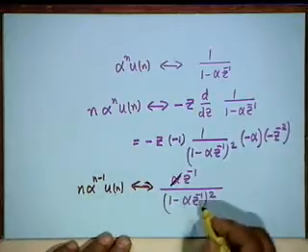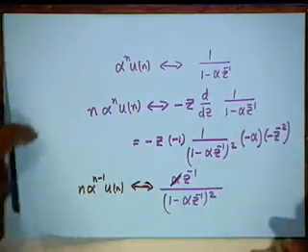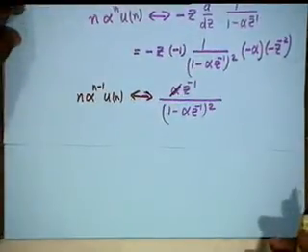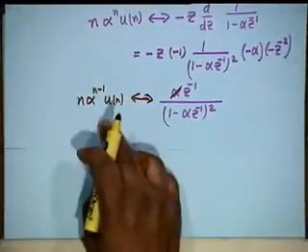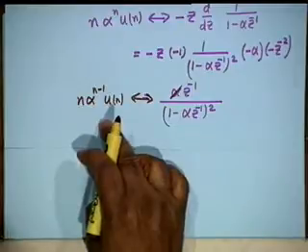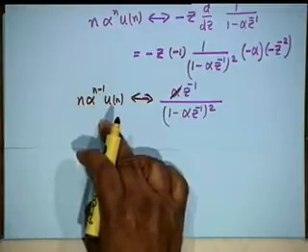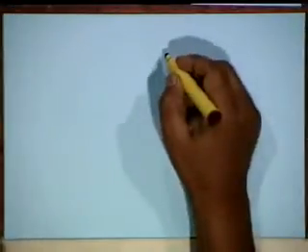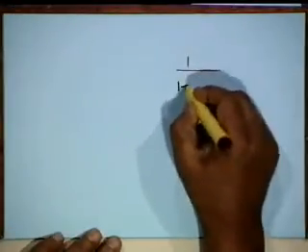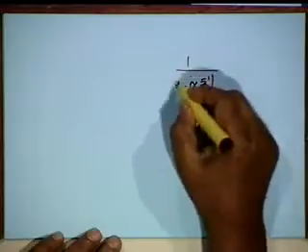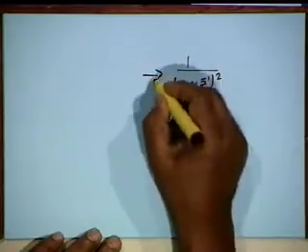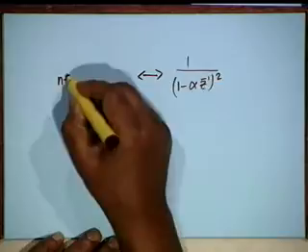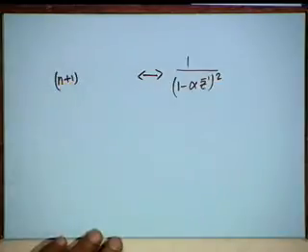Then if Z inverse has to go, the sequence here should be advanced by one sample, and therefore, I get something interesting I want you to notice: 1 minus alpha Z inverse whole squared, this would be n plus 1, instead of n I shall have n plus 1.